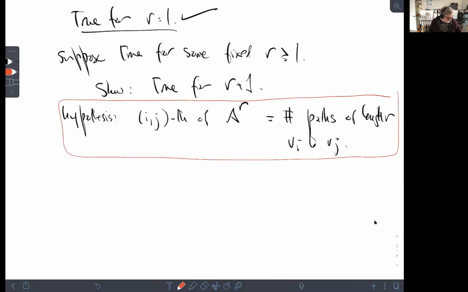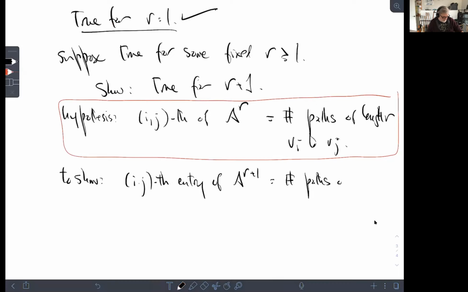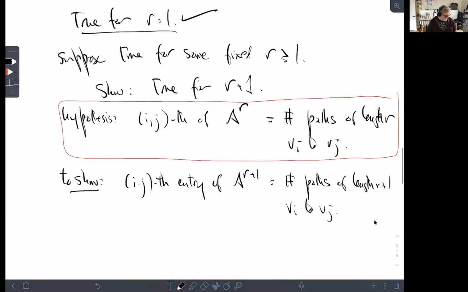And I want to show that essentially the same thing holds for the next power, A to the r plus 1. To show: the ijth entry of A to the r plus 1 is the number of paths of length r plus 1 from vi to vj. This is what I want to show.